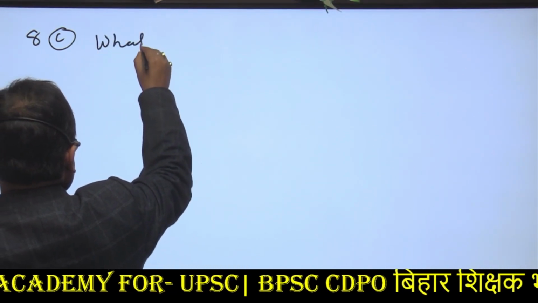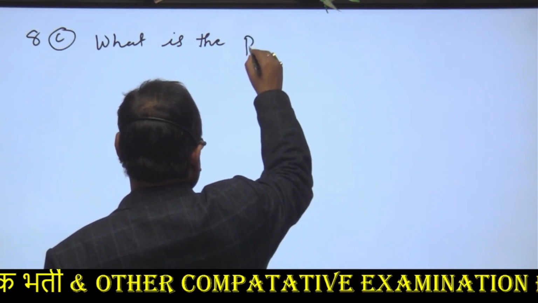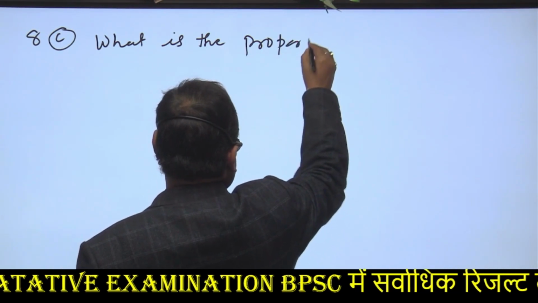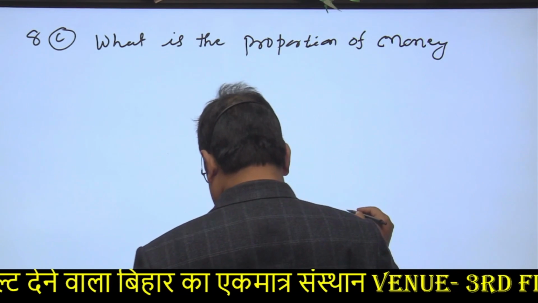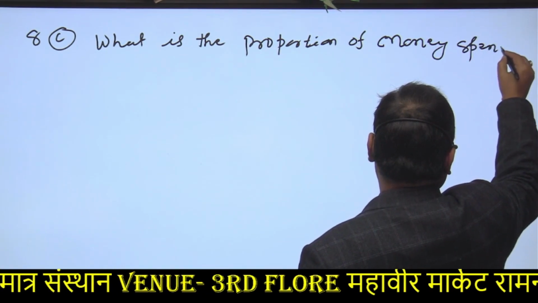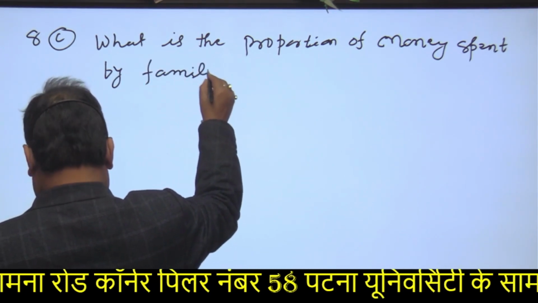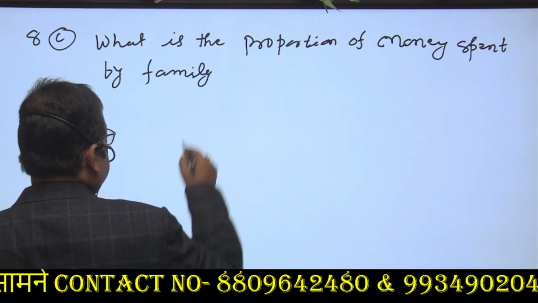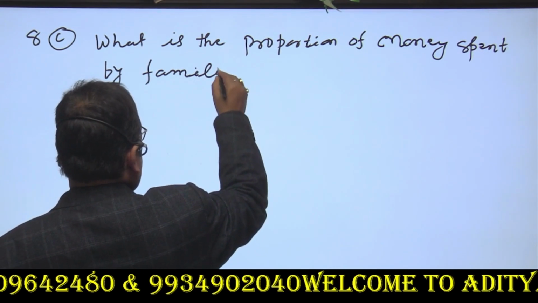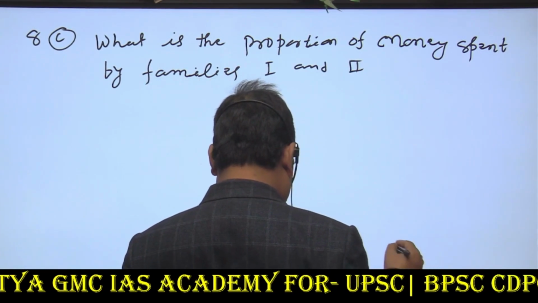So see, what is the proportion of money spent by families 1 and 2 on education?